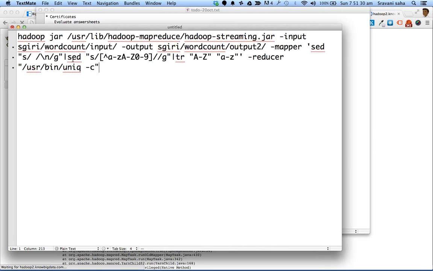Let's see what we have done. Okay, looks like we cannot pipe the output like this. Instead, what we can do is... okay.